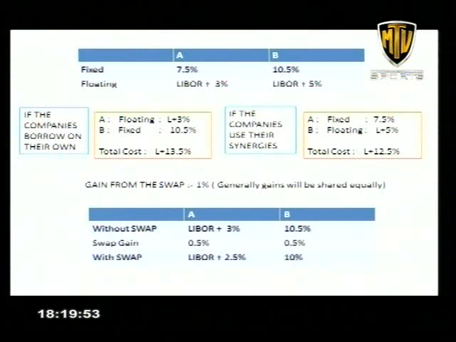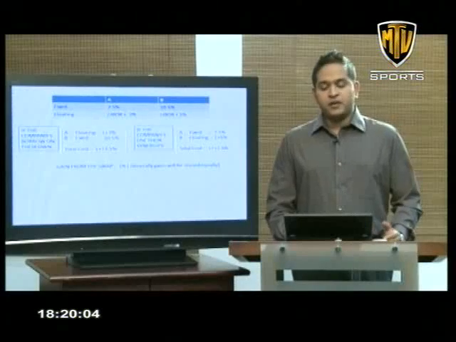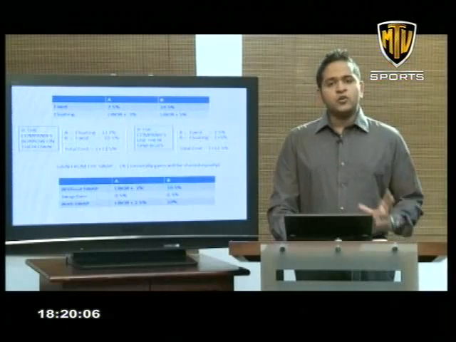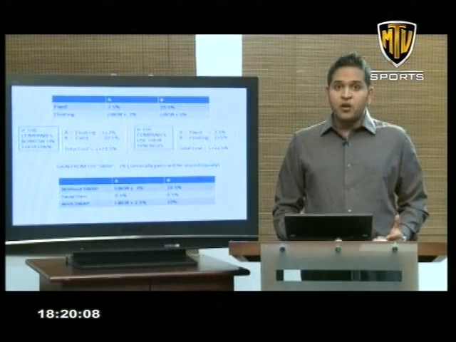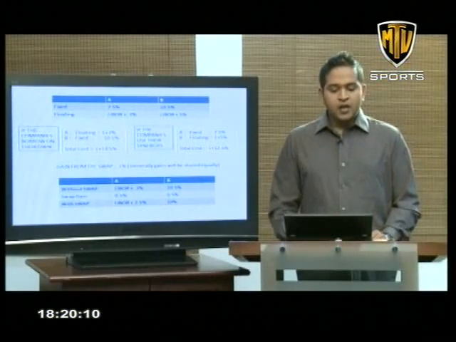So there's a gain available of 1%, and now we will see how we can pass this benefit on to these two companies and how the internal payments will happen, and that's what you call the swap agreement as well.